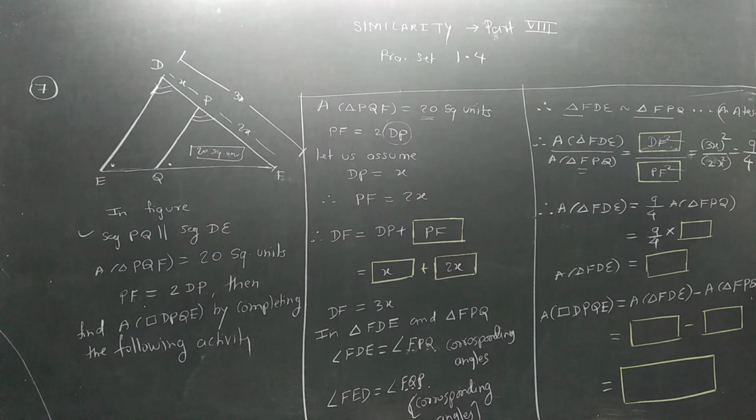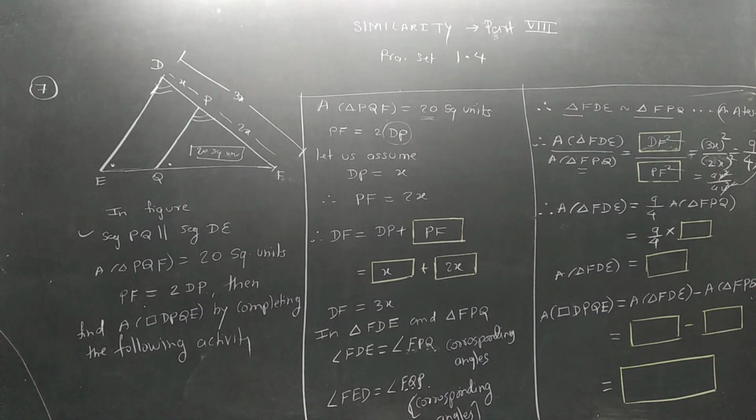What is the value of DF square? 3X. So we take 3X square. PF is 2X, the whole square. So 3X square upon 2X square is actually 9X square upon 4X square. But ये X square cancel हो गया, हमें आंसर क्या मिला? 9 upon 4. Is it right?